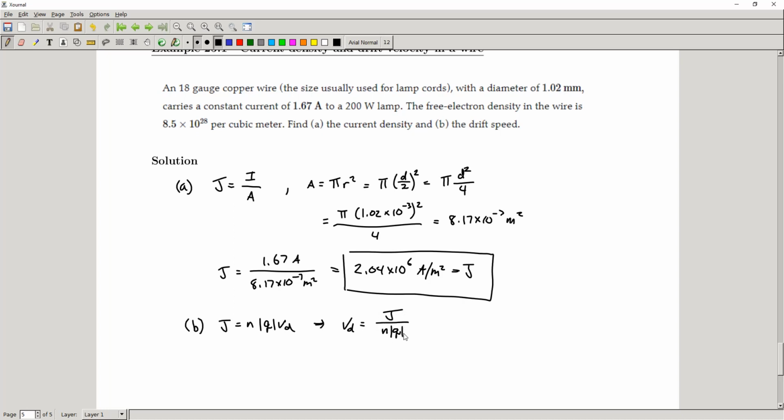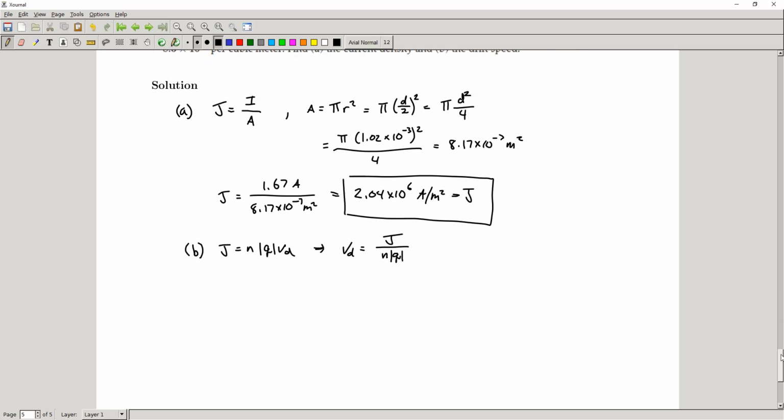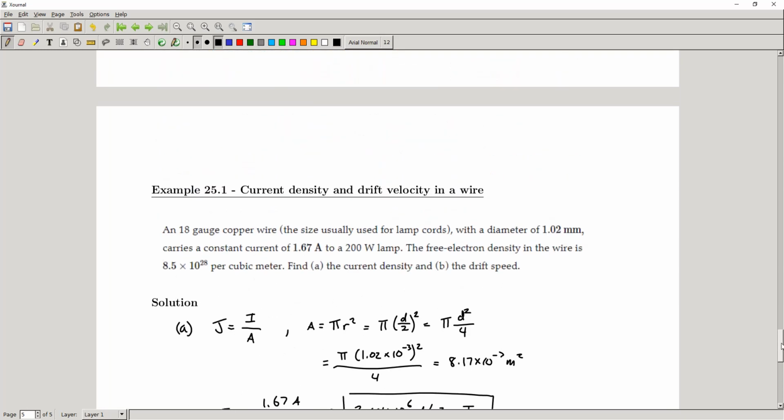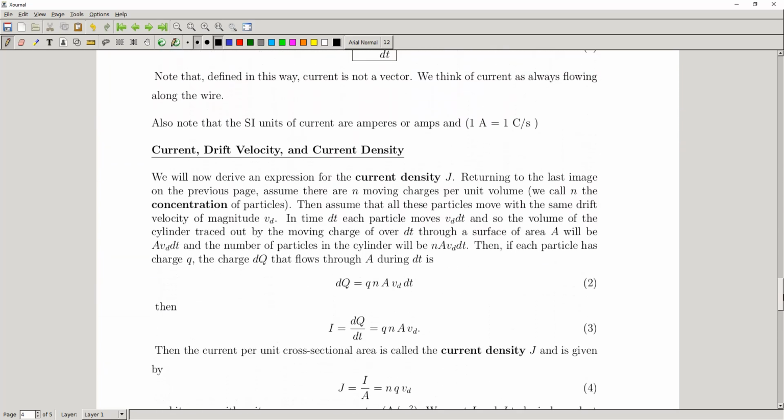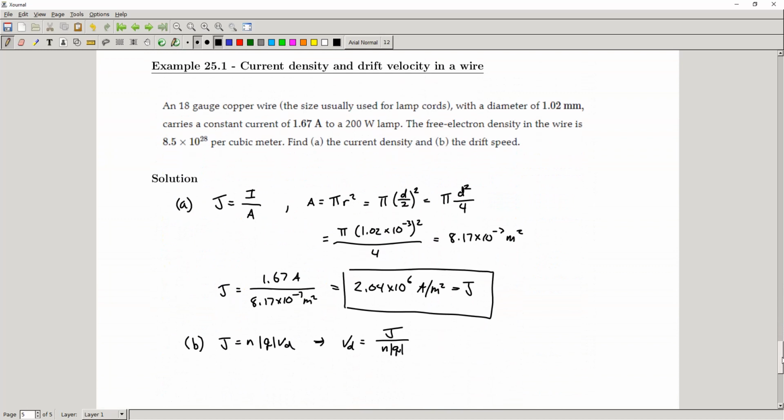And now it's really just a matter of substituting in numbers. We need to know the charge of an electron, which we're taking the absolute value of. We're given this n value here, right? This is the free electron density in this material, which is what we talked about above, our concentration.